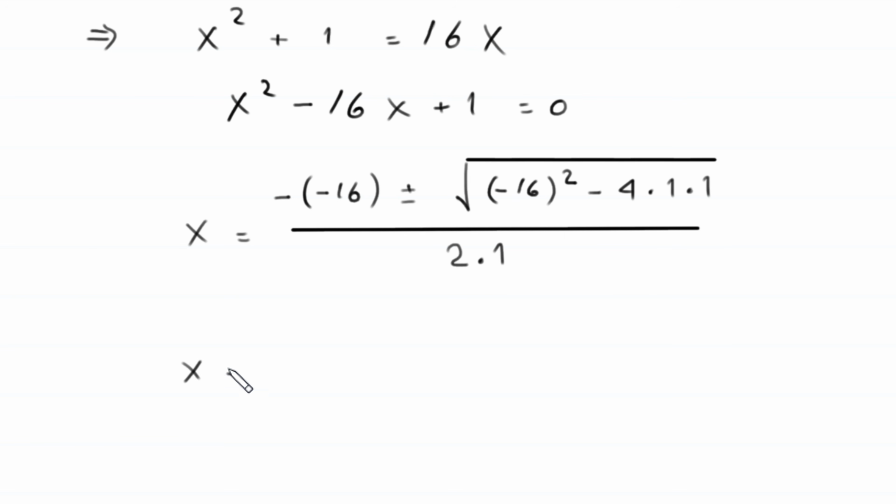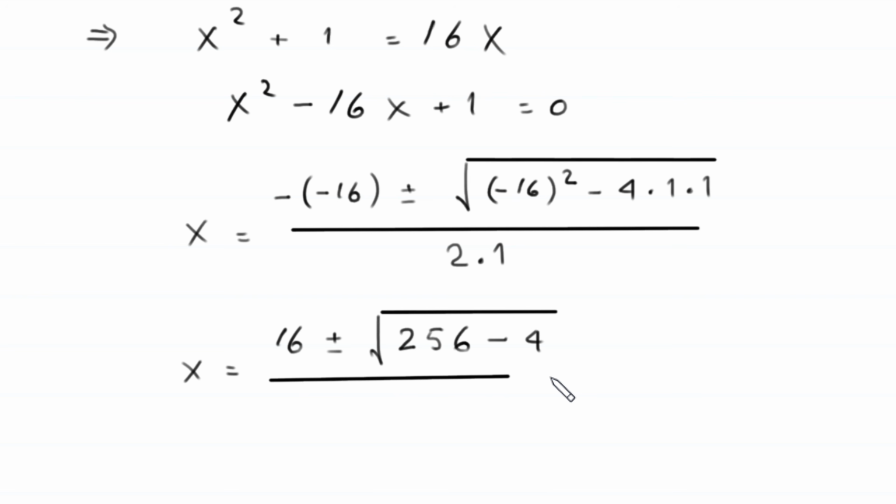Next, x is equal to negative times negative 16 will become positive 16 plus or minus the square root of, this negative 16 squared will become 256. Negative 4 times 1 is negative 4, divided by this 2 times 1 will become 2.